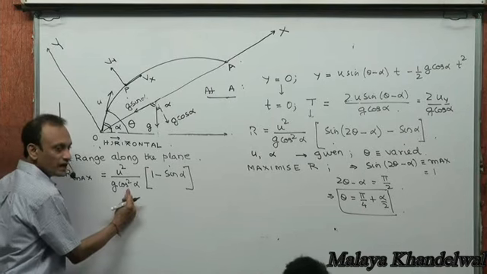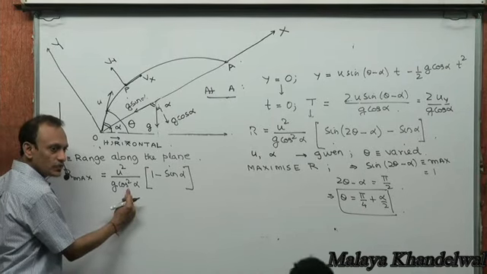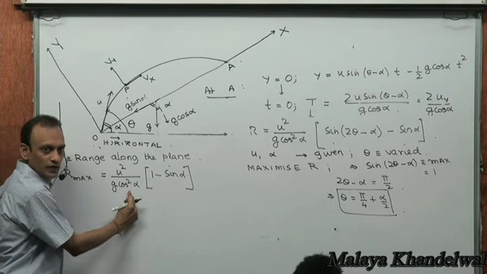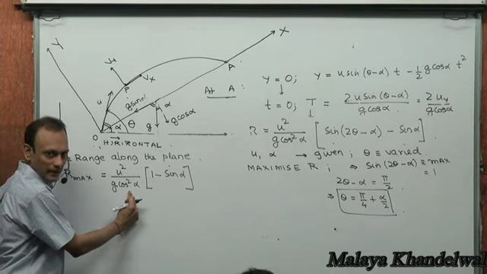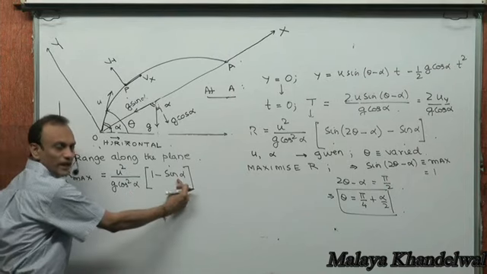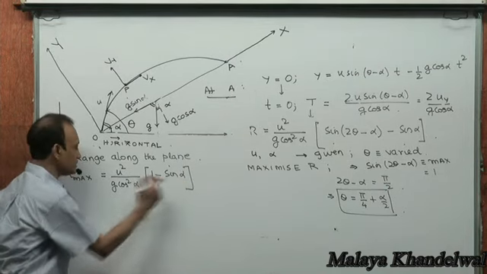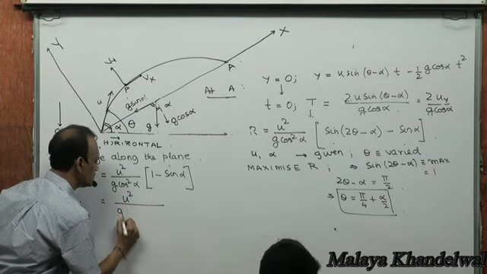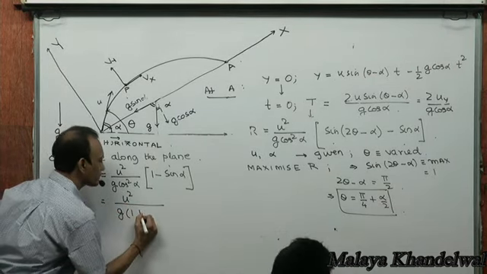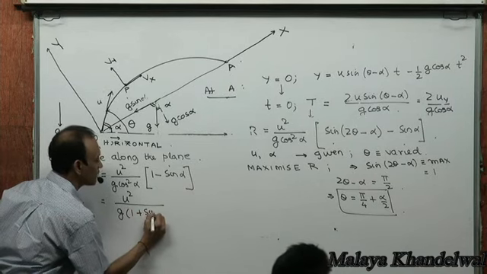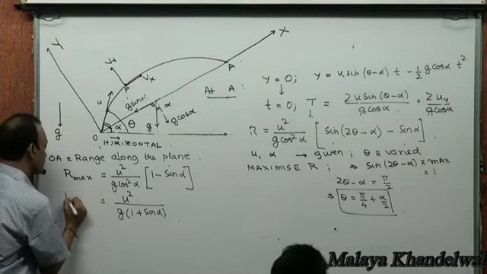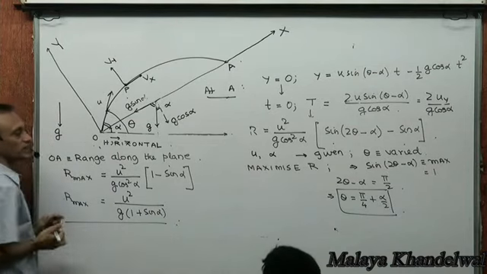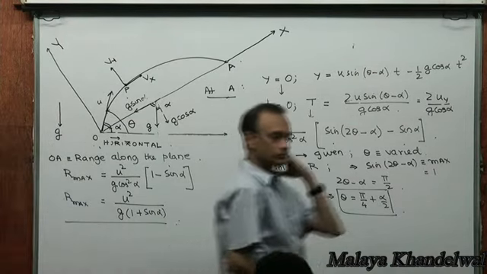Now this cos square alpha I can write as 1 minus sin square alpha, which is 1 plus sin alpha into 1 minus sin alpha. And that 1 minus sin alpha will get cancelled from the numerator. So this then will get reduced to a mere u squared by g into 1 plus sin alpha. That's the maximum value of R.